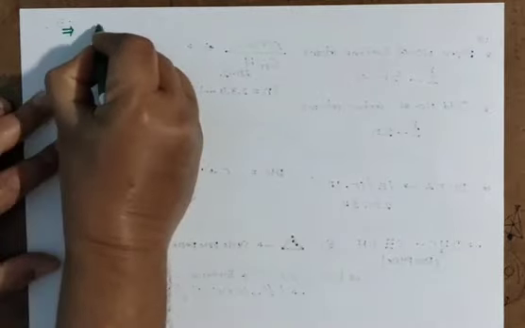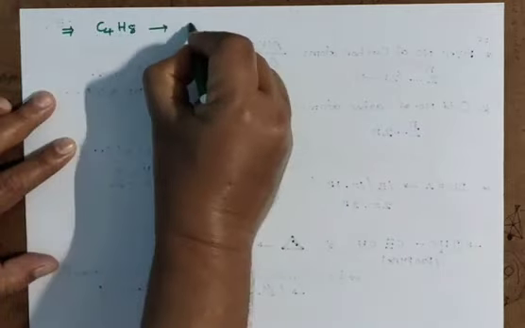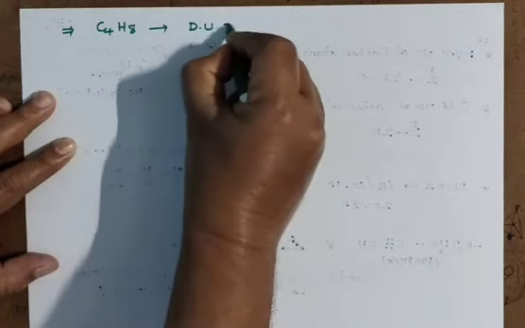So we are getting here du also. Du also we have to cross check. So first I am cross checking du. So what the formula I do? C4H8. I am calculating degree of unsaturation.